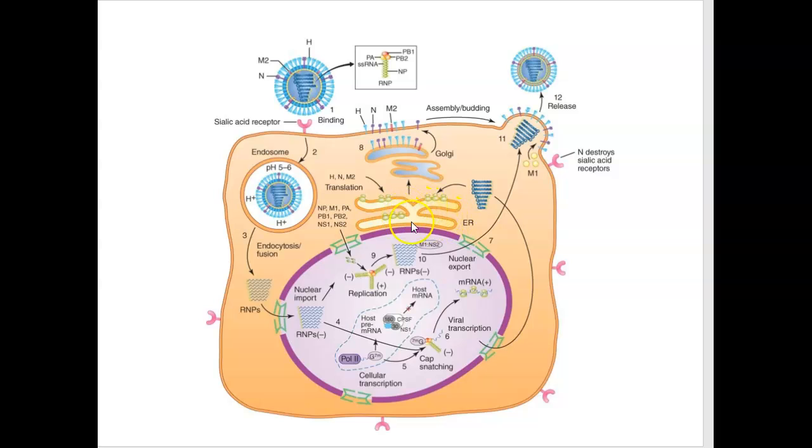Now, the proteins, the glycoproteins, are going to have to go through the ER, go through the Golgi, and then they're going to collect at the plasma membrane. Everything collects at the plasma membrane, and then when you've got all of your genome segments, you've got your matrix protein to form that shell, then it can bud off, but the new particles get stuck on the cell membrane, so you need neuraminidase to cleave the sialic acid and allow the new virions to escape.